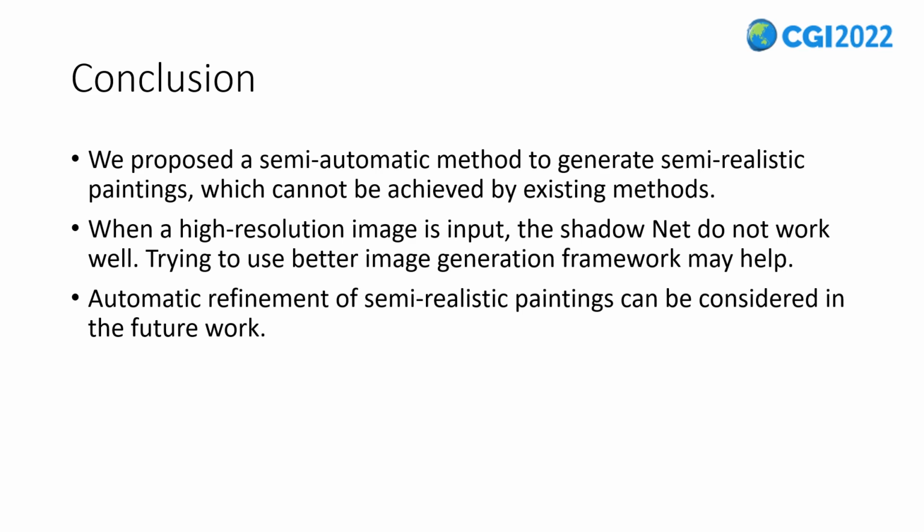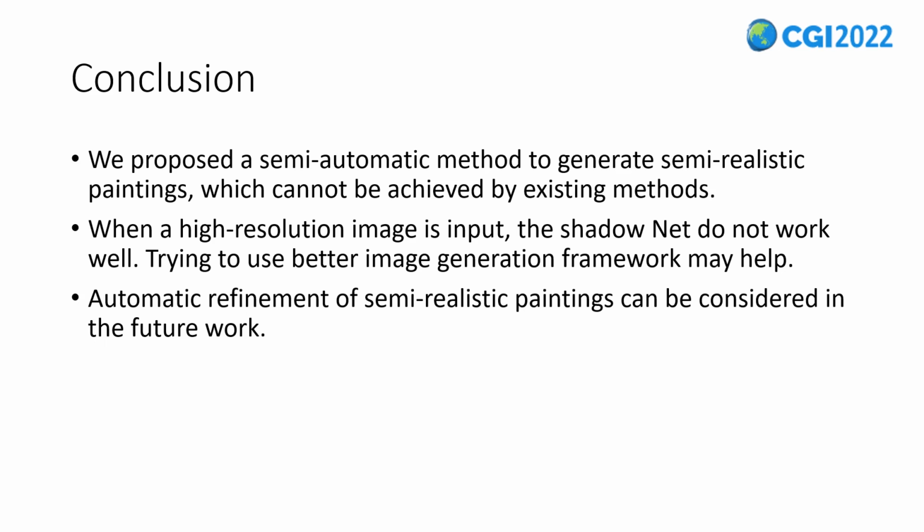We propose a method to generate semi-realistic paintings, which cannot be achieved by existing methods. But there are still limitations in our work. When a higher resolution image is input, the shadow net does not work very well.